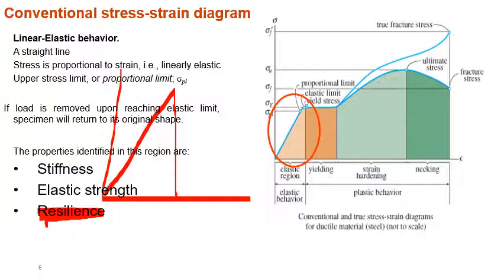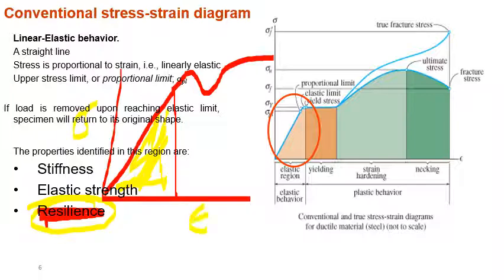So this is the region. After this there will be the yield point and it increases. The area under this curve is nothing but the modulus of resilience. If you clearly see, this is our sigma, this is our epsilon naught. If I want to measure the area under this, I can say this point is A, this point is B, and this point is C. The area of triangle ABC is the modulus of resilience.